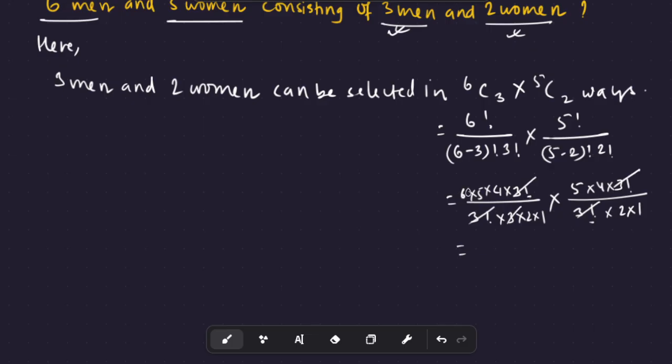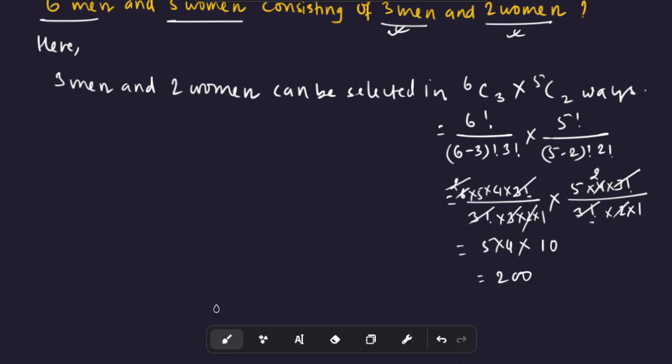3 times 2 is 6. This 2 will also cancel this 2. Now we get 5 times 4, and similarly we can cancel this 4 by 2. 2 times 2 is 4. So 5 times 4 is 20, and 20 times 10 is 200.